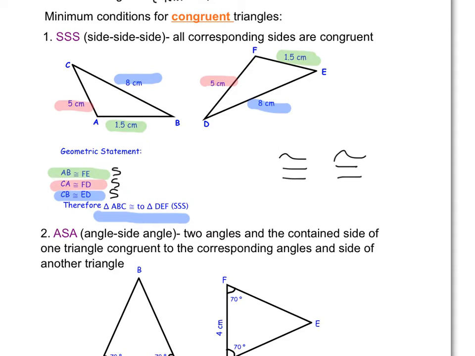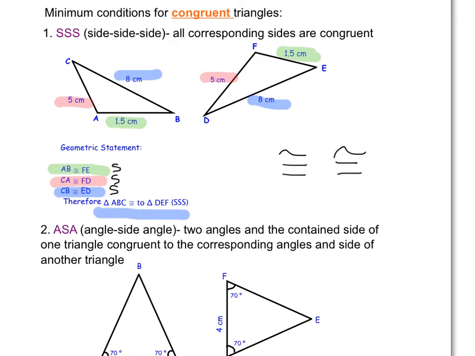So we're looking for two angles and a contained side. When we say a contained side, we mean that the two congruent angles we're working with are on either side of this contained side. They're on either end. So the two angles are on either end of that contained side. I'll illustrate with an example.